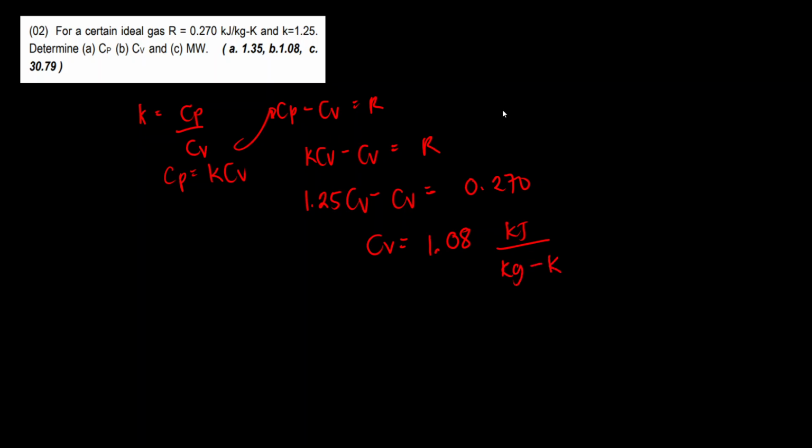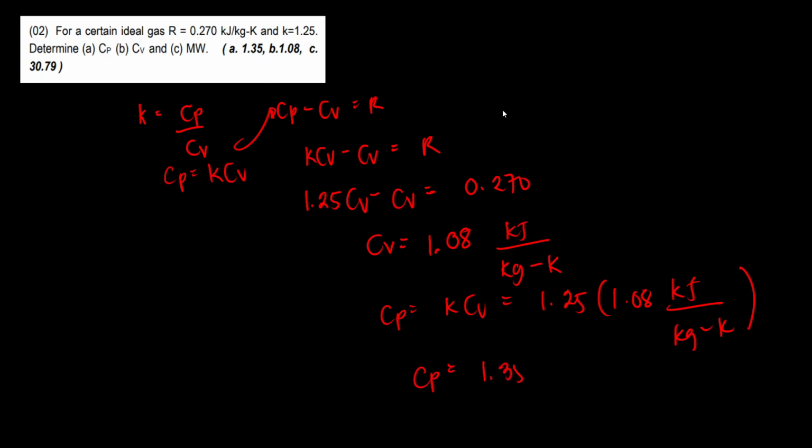Pag kinuha naman natin si Cp, that is equivalent to kCv or 1.25 times 1.08 kilojoule per kilogram Kelvin. Okay, so Cp is equivalent to 1.35 kilojoule per kilogram Kelvin.